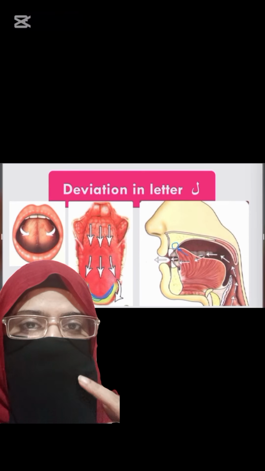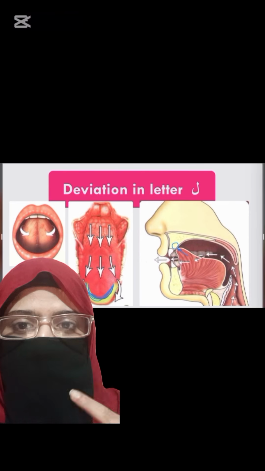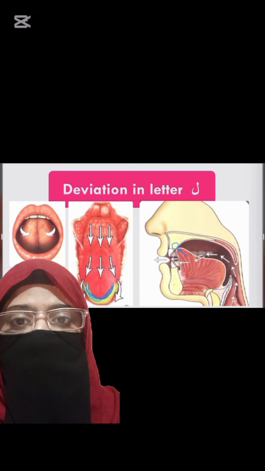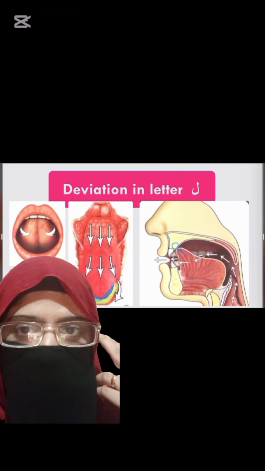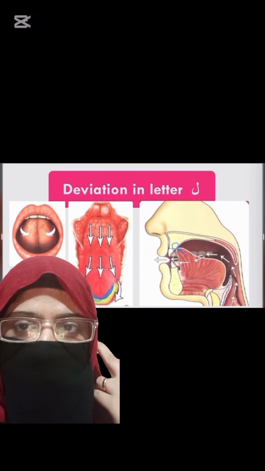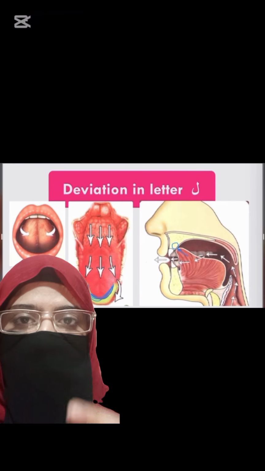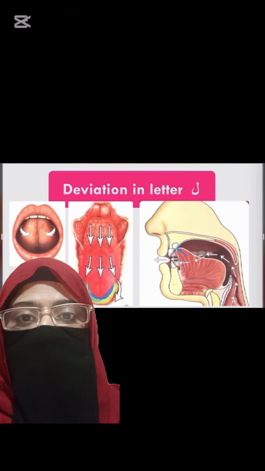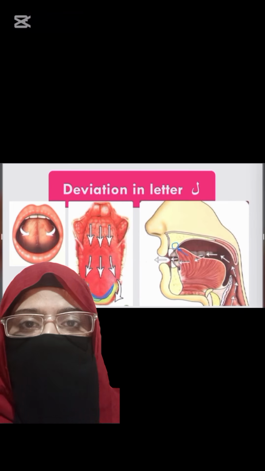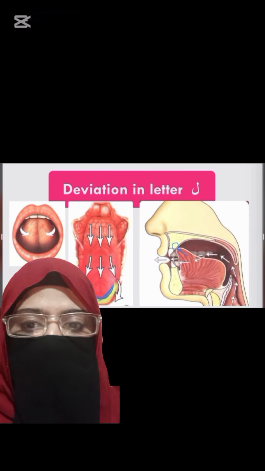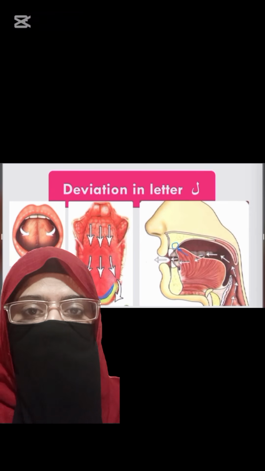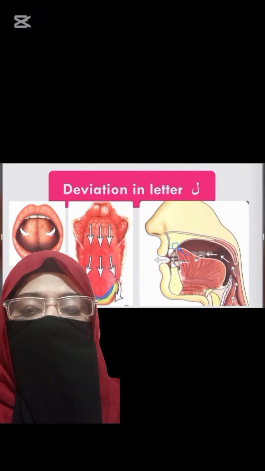If the wrong side of the tongue touches, you should feel and listen to the sound you are pronouncing, because the pronunciation of lam will become incorrect.